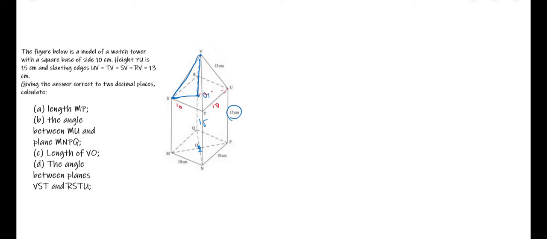So SO1 is SU divided by 2, and SU is equal to MP, which is equal to 14.14. So SO1 is 14.14 divided by 2, which is 7.07, and VS or SV is 13 centimeter from the question.